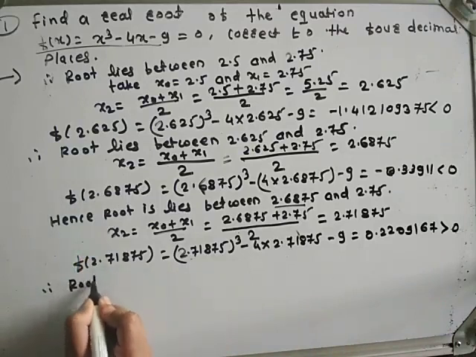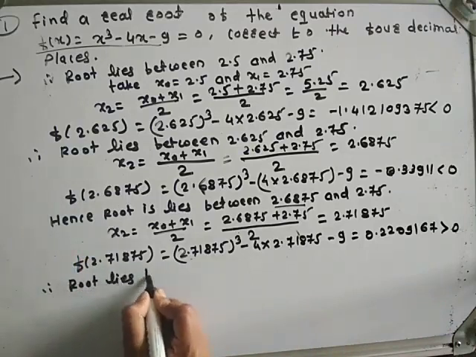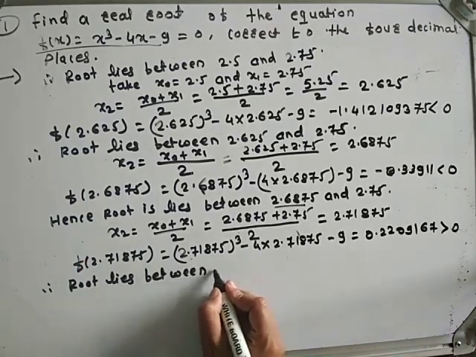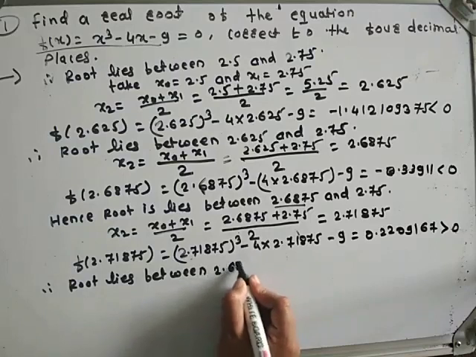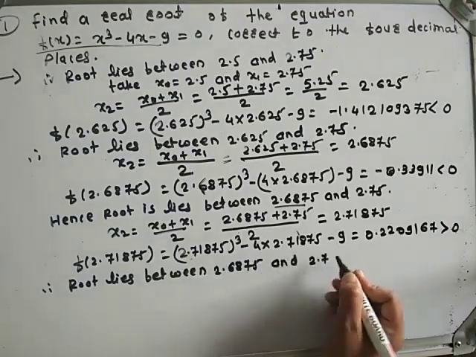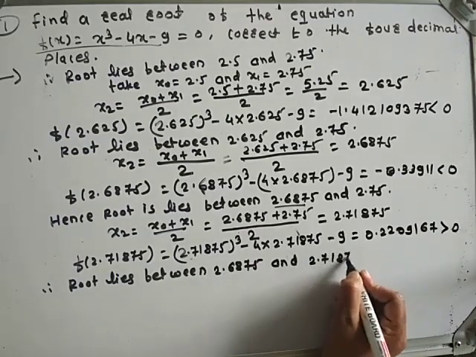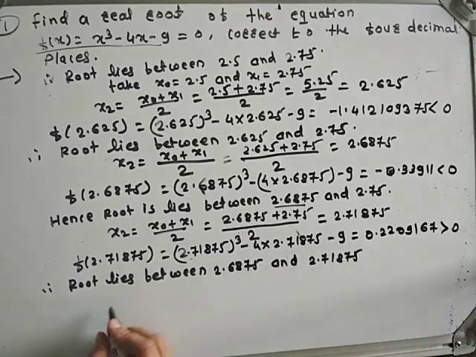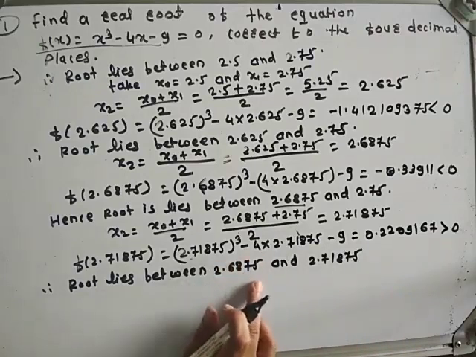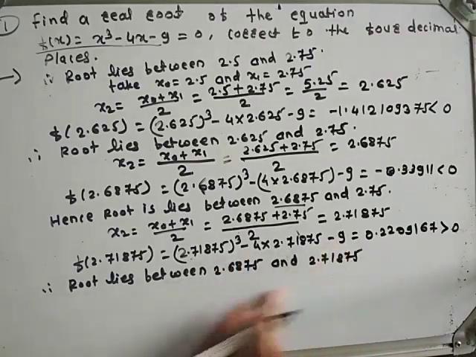Therefore, the root lies between 2.6875 and 2.71875. Take x0 equal to 2.6875 and x1 equal to this.